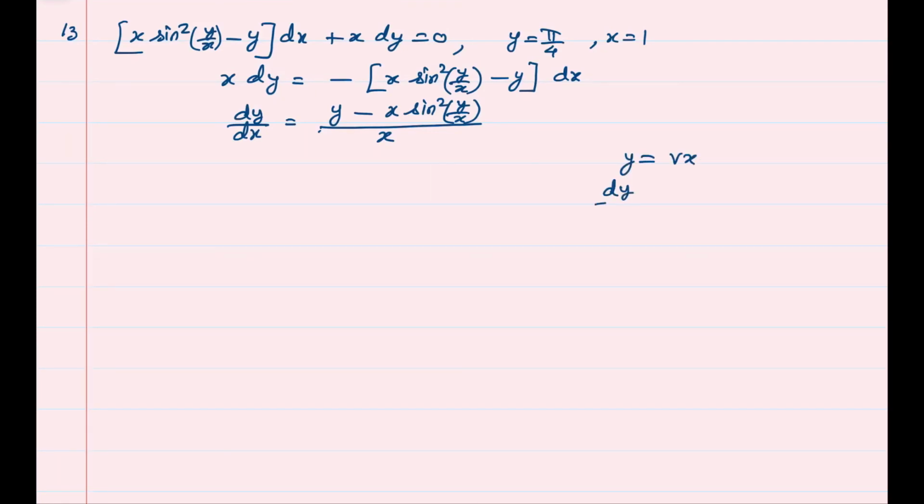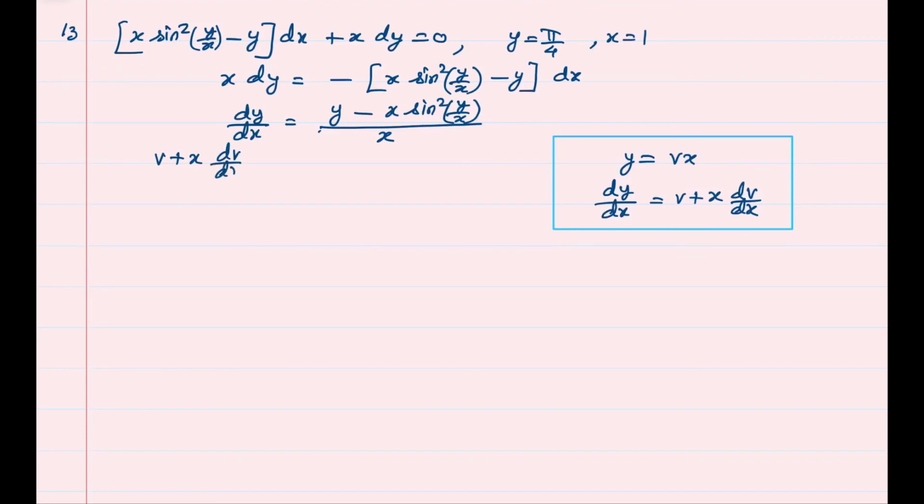Therefore, dy by dx is v plus x dv by dx. Substituting for dy by dx, we get v plus x dv by dx equal to y is vx, x times sine square, vx by x becomes v, divided by x. x is common in the numerator.